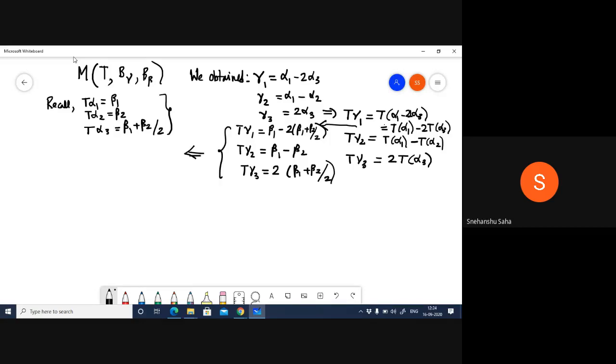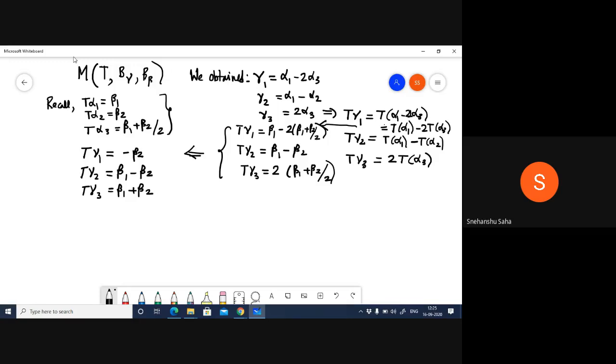So further simplification, we obtain P of gamma 1, which is minus beta 2, right? P of gamma 2, which is beta 1 minus beta 2, and P of gamma 3 is beta 1 plus beta 2. That's it, right? So we know this.